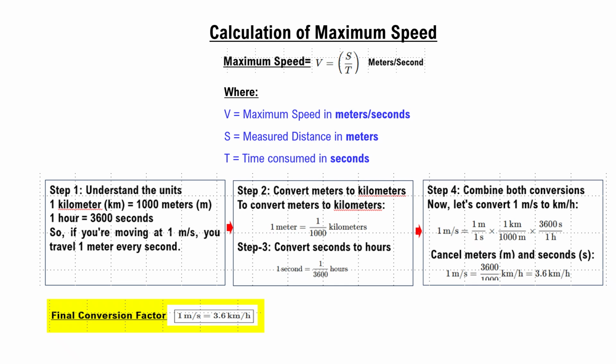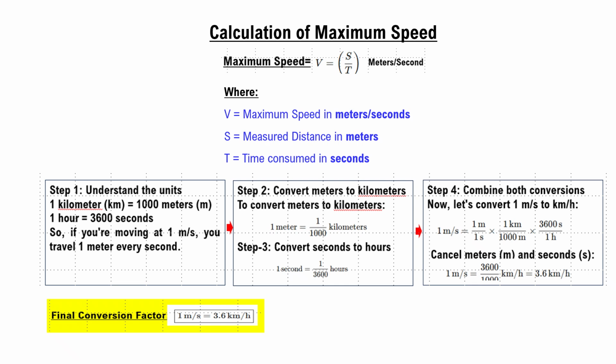To calculate the maximum speed, we use the formula maximum speed V is equal to S upon T, where V is maximum speed in meters per second, S is measured distance in meters, T is time consumed in seconds. Now we are required to convert meters per second to kilometers per hour.